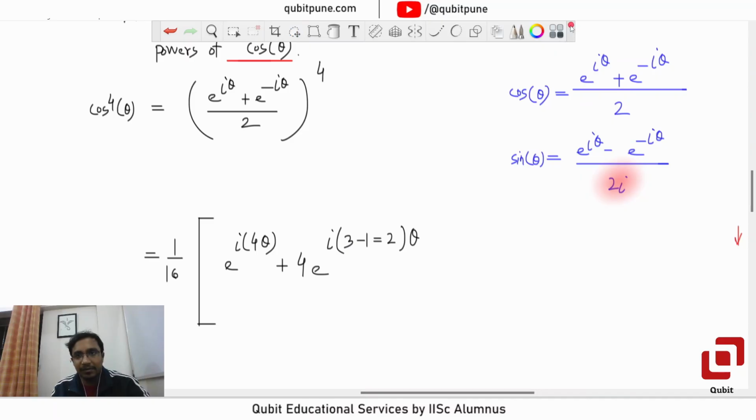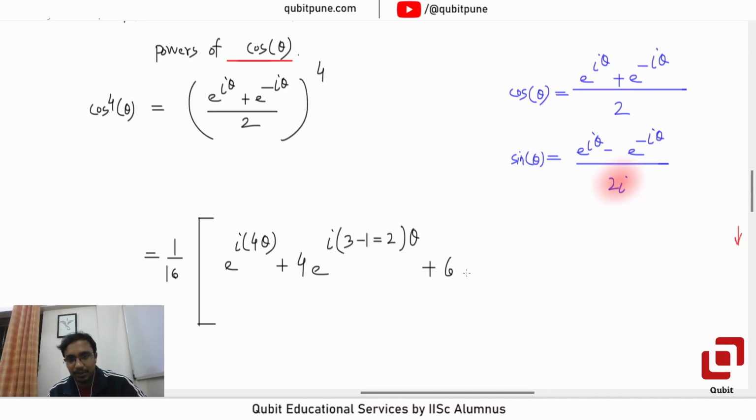Then it will be 4C2, which is 6. E to the power i square of that and square of that, so that will be 0 theta. And the fourth term will be 4, e to the power i, only first power, but a cube of e to the power negative i theta, so that will be negative 3 plus 1, equal to negative 2 theta.